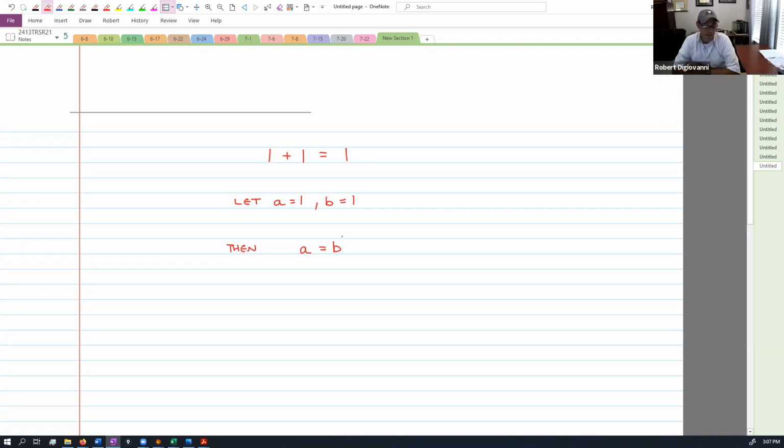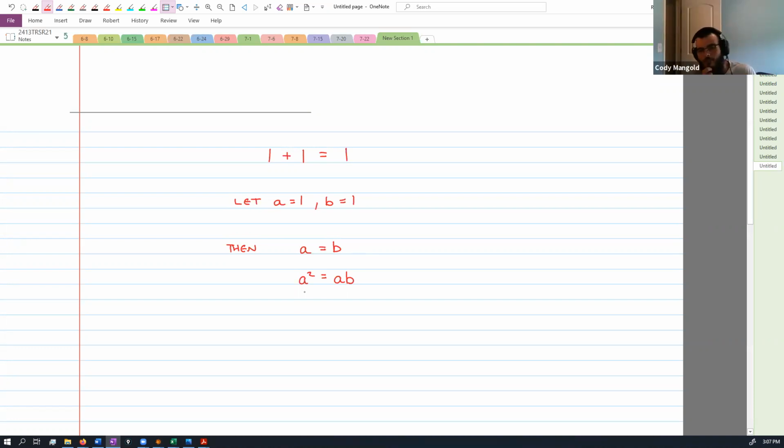Okay, so next thing I'm going to do is multiply both sides by A. So now A squared equals AB. Do you agree with that? Just multiply both sides by A. Yes? Hesitantly.